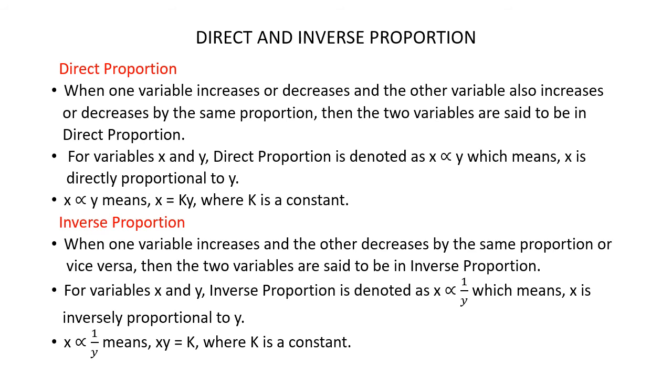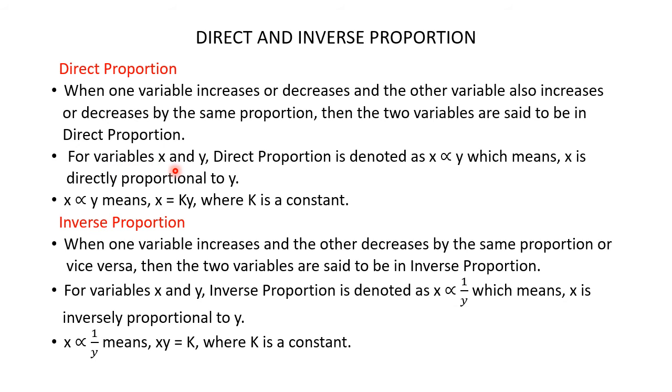This means if one variable increases, then the other variable also increases by the same proportion, or if one variable decreases and the other also decreases by the same proportion, then the two variables are said to be in direct proportion.